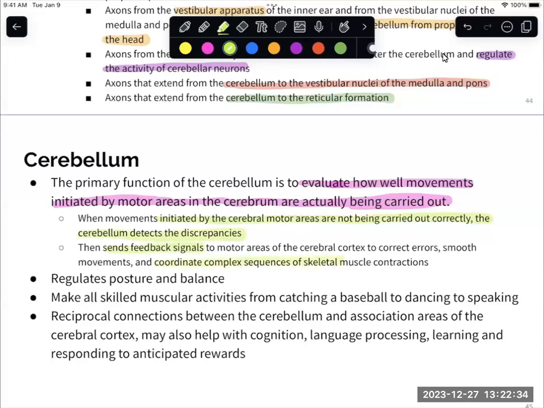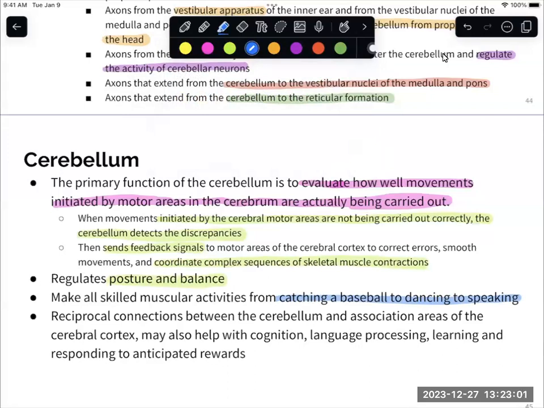It helps to coordinate muscle movement. It regulates your posture and your balance. So lots of different skilled activities like catching a baseball, dancing, and speaking are all regulated through the cerebellum.